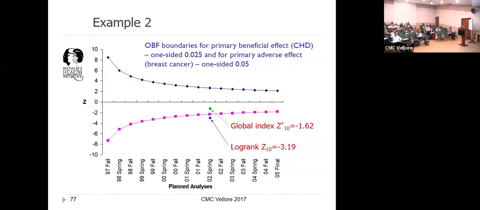So they had a primary efficacy and a primary harm. And they used the one-sided boundary for efficacy at the 0.025. They had the one-sided 0.05 level boundaries for harm, and they stopped the study after about 5 years because they crossed the harm one here.